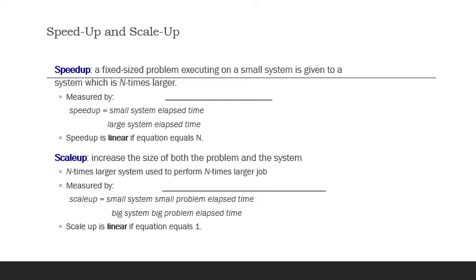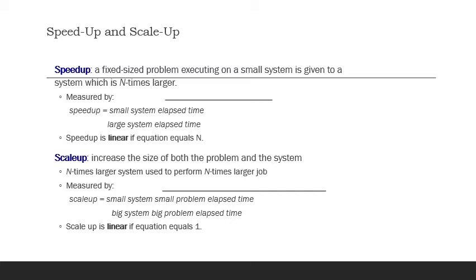Two important issues in studying parallelism are speed up and scale up. Running a given task in less time by increasing the degree of parallelism is called speed up, while handling larger tasks by increasing the degree of parallelism is called scale up. Let's see them in detail.